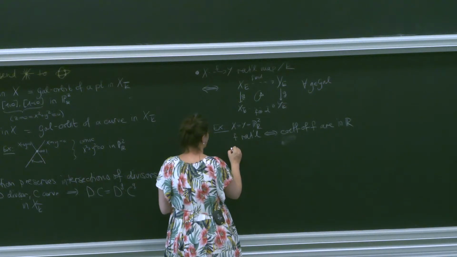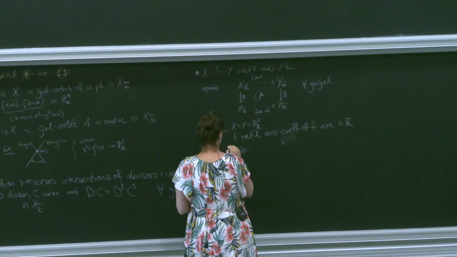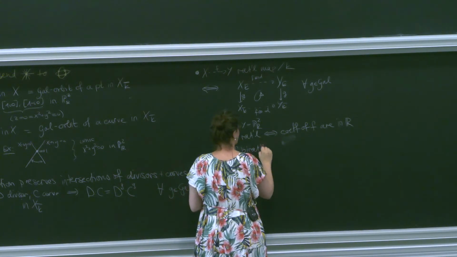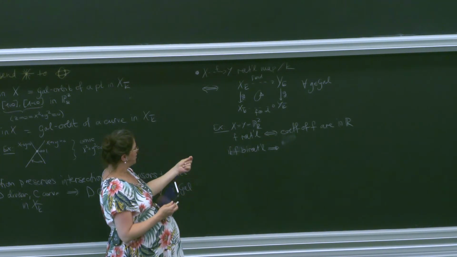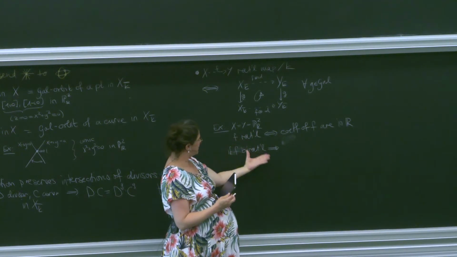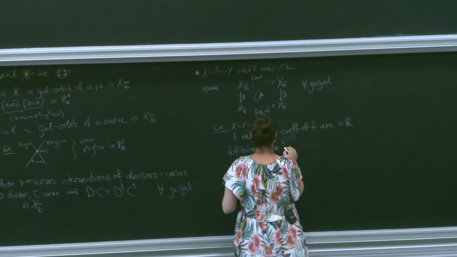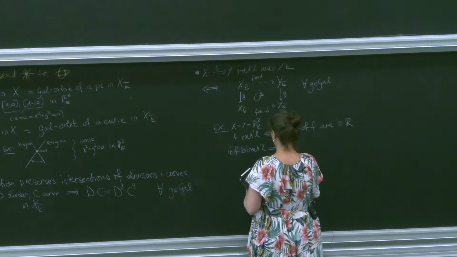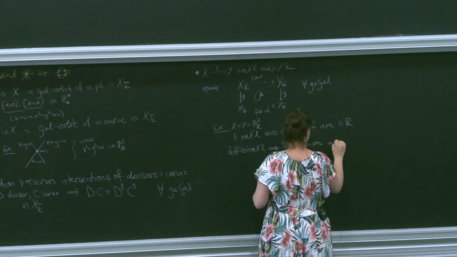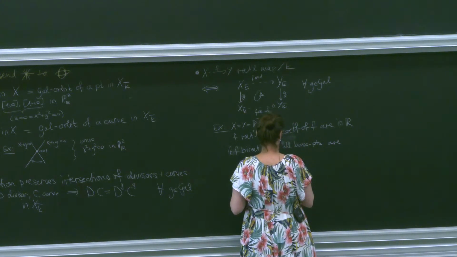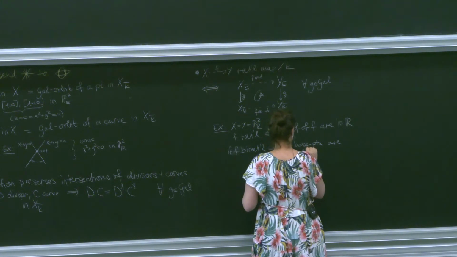Okay, and then, if f is birational, then all base points are either real points, so fixed by the Galois action, or they are pairs of conjugate points. So all base points are Galois orbits.